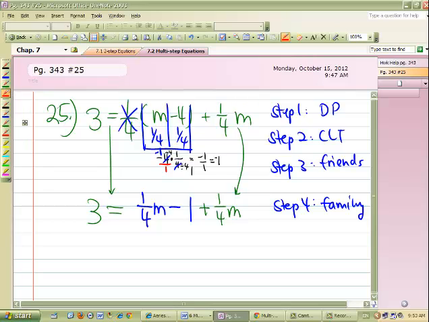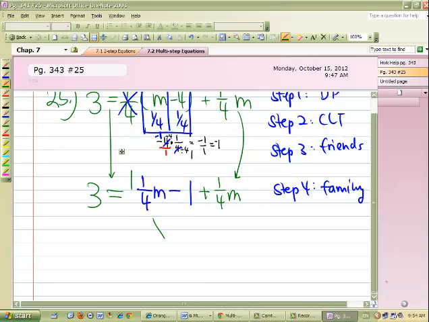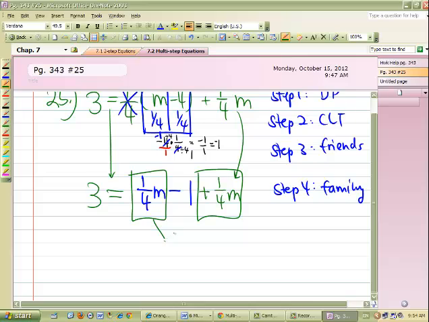Then I'm going to combine the like terms. So I'm in step number 2. And the like terms happen to be the 1/4 m as well as the positive 1/4 m over here. When I combine them together, I would add 1/4 plus 1/4. So why don't I do that over here on the side?